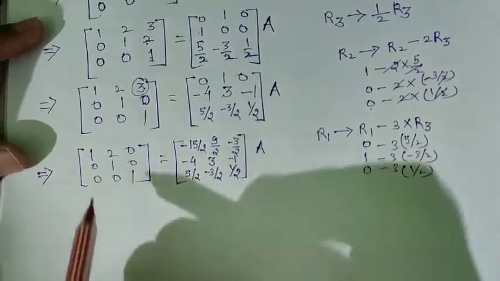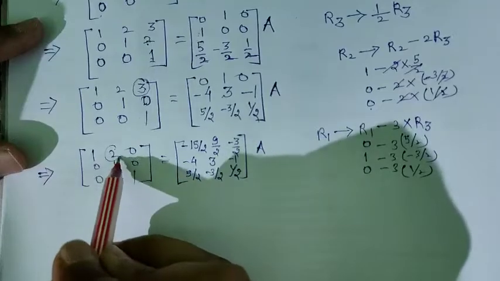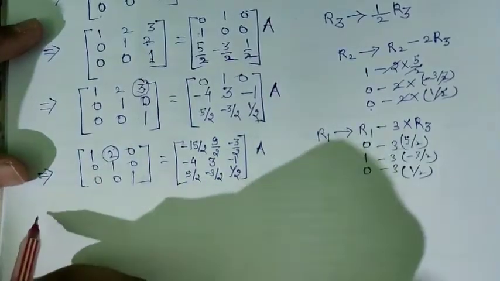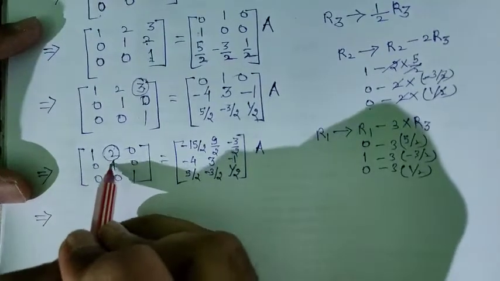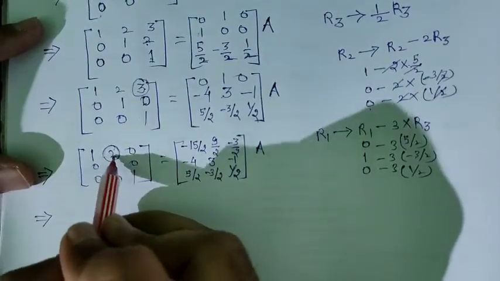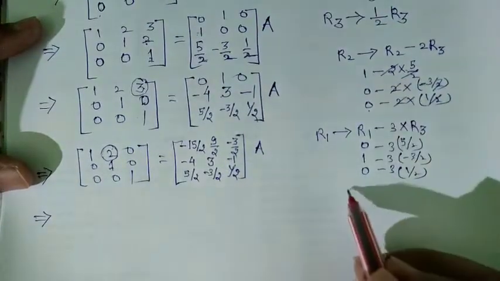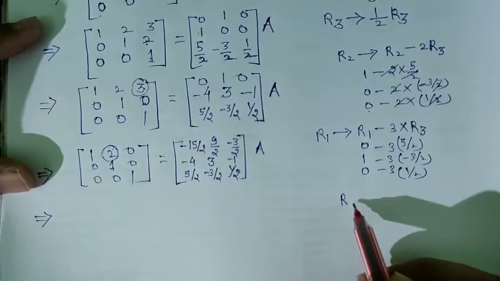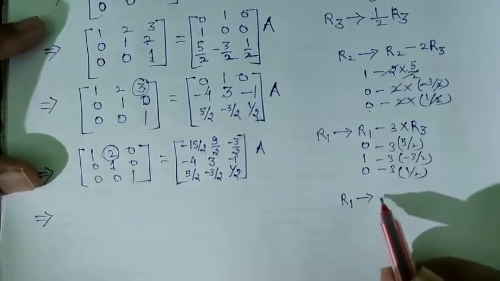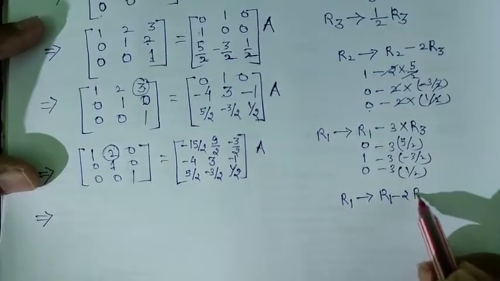Now our last target is to make this 2 as 0. To make it 0, if I multiply this 1 with 2 and subtract it from 2, I'll get 0. 2 minus 2 into 1 means 0. It means I have to apply this rule on R1: R1 minus 2R2.